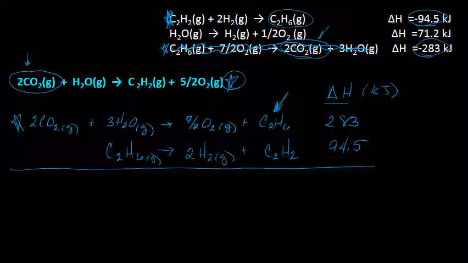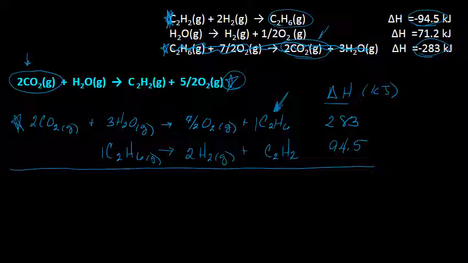Now you could do all 3 of these at the same time, but I like to actually just do them in sets of 2. It makes me, I know, less crazy, which will make things easier. Okay, well, the C2H6s, just as they are, cancel because we have a 1 here and a 1 here, and 1 minus 1 is 0.